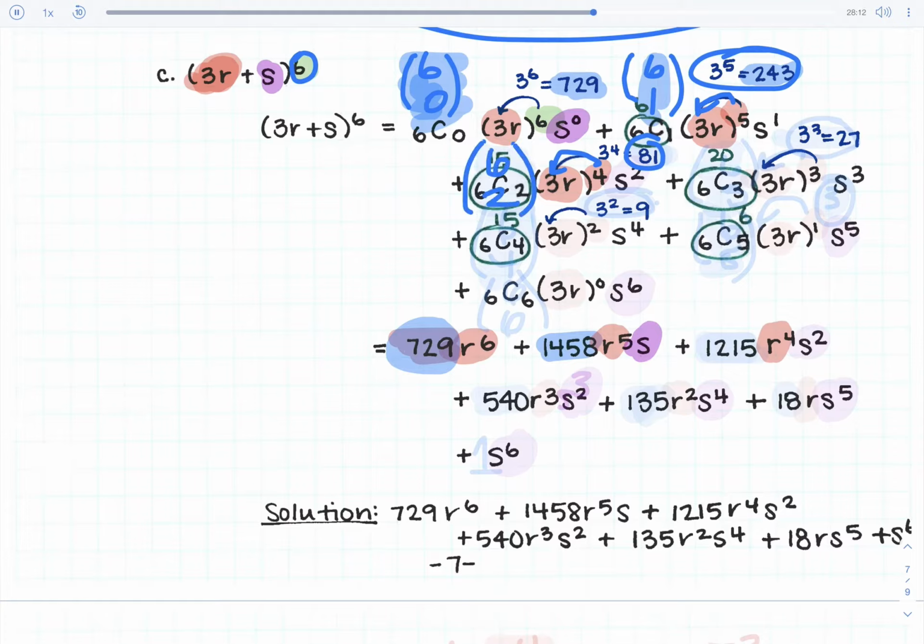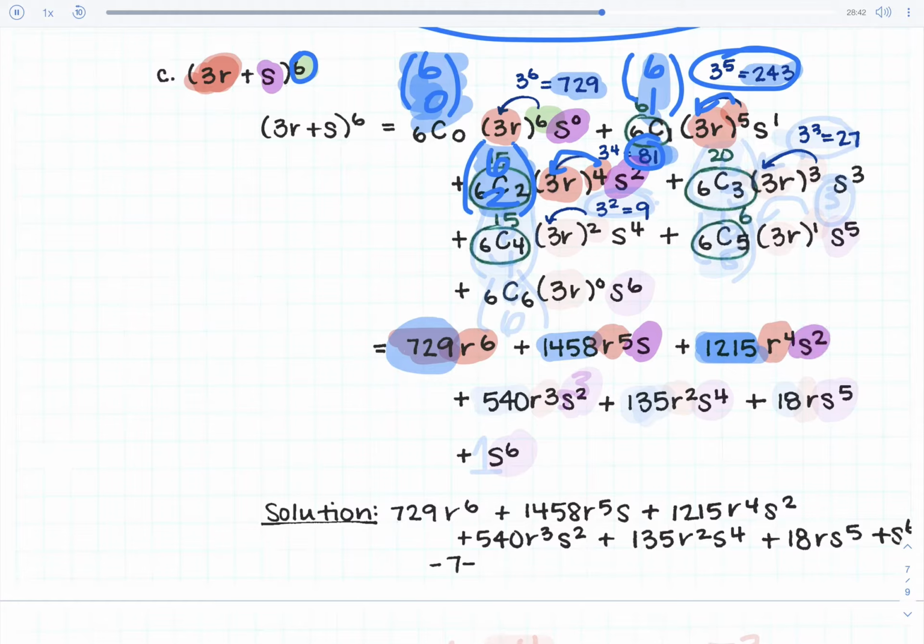Well, the 6 and 2 combination gets us a 15. The 15 multiplied times the 81 gets us 1215. Don't forget that we're working our s's up. We had an s to the first, now we've got s squared.